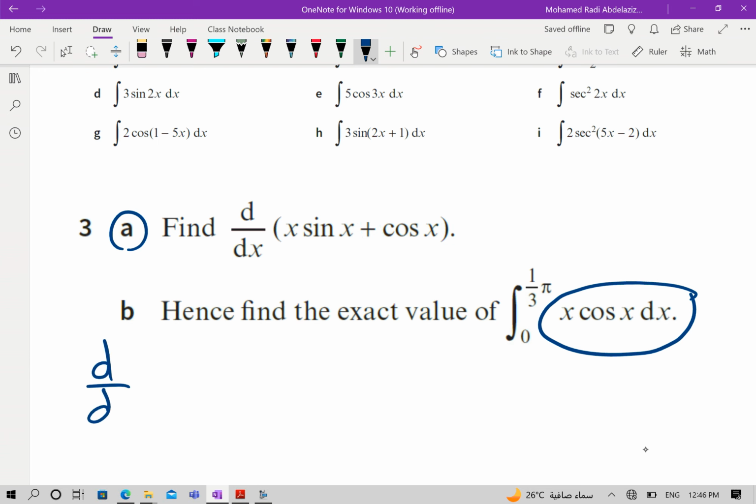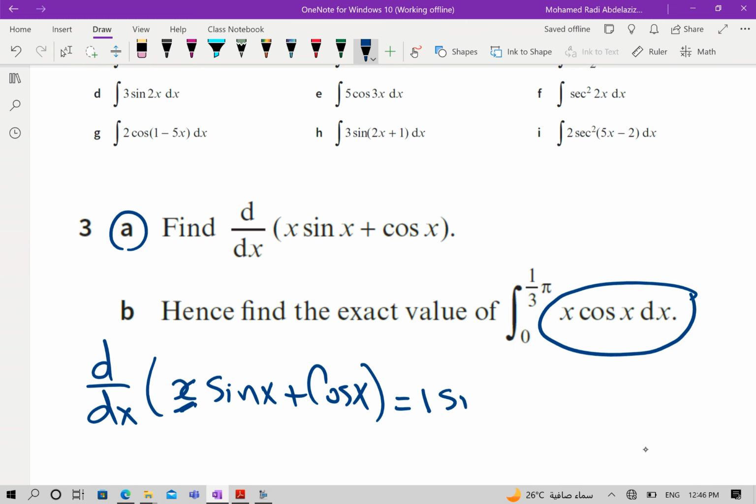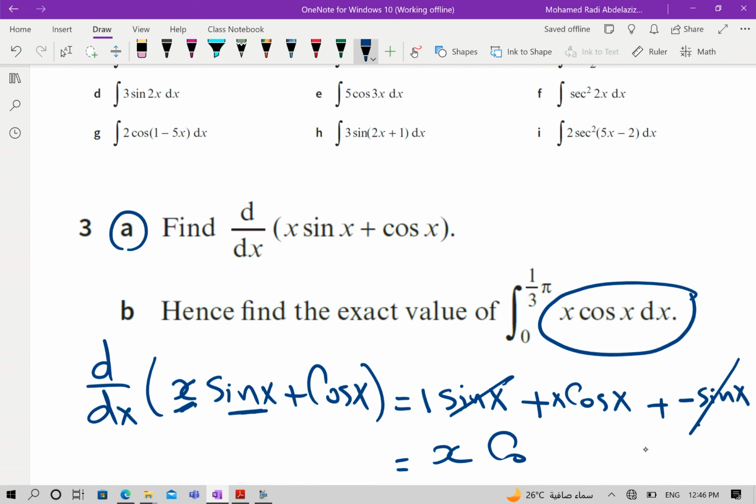Differentiation of x sine x plus cosine x: differentiation of the first, 1, multiplied by the second, plus differentiation of the second, cosine x, multiplied by the first, plus differentiation of cosine, which is negative sine x. Simplify: the negative and positive signs cancel, so the answer is x cosine x.